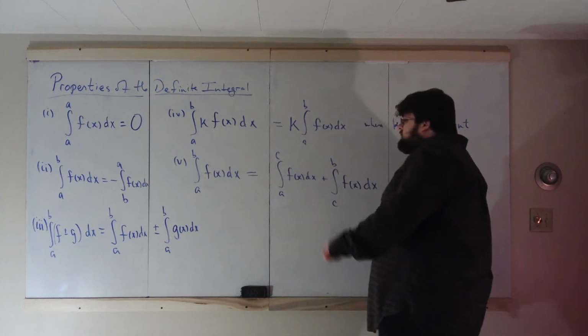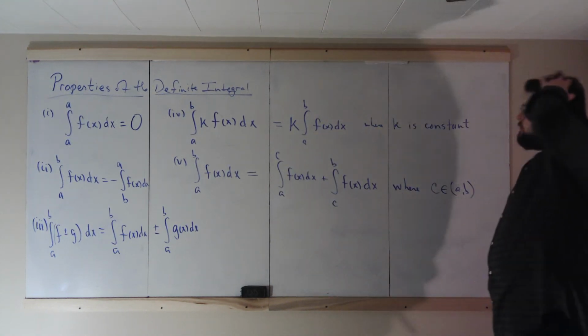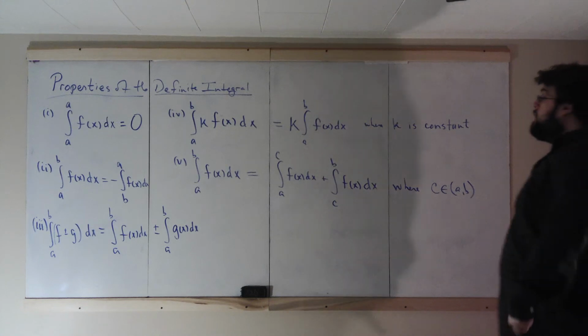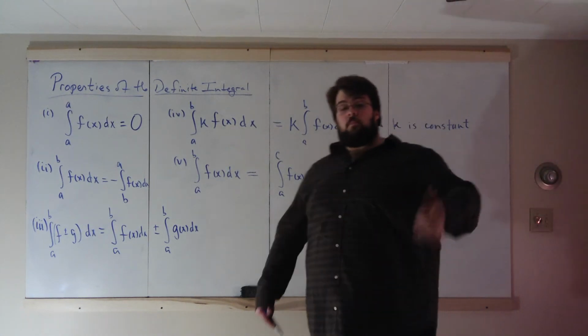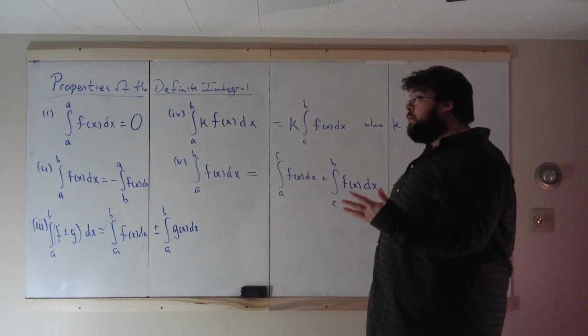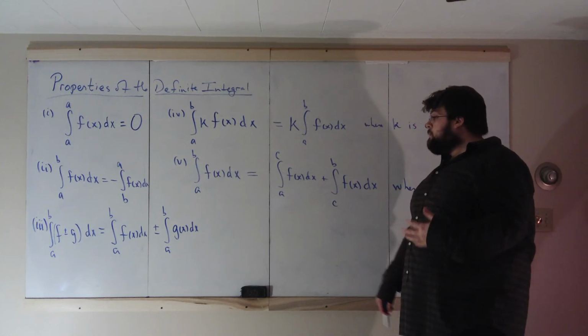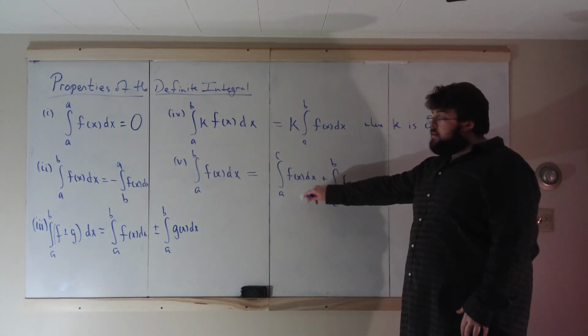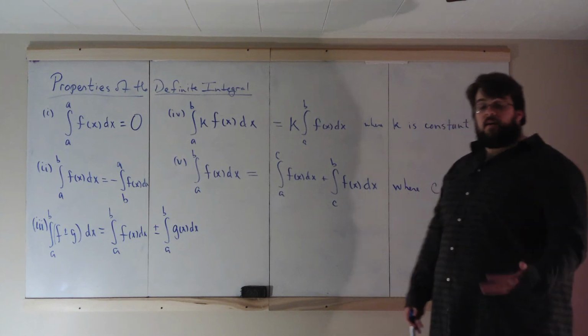But what actually does this mean? Well, if you want, for example, the integral in the previous one from 4 to 6, you could do that by first doing the integral from 4 to 5, and then adding the integral from 5 to 6.